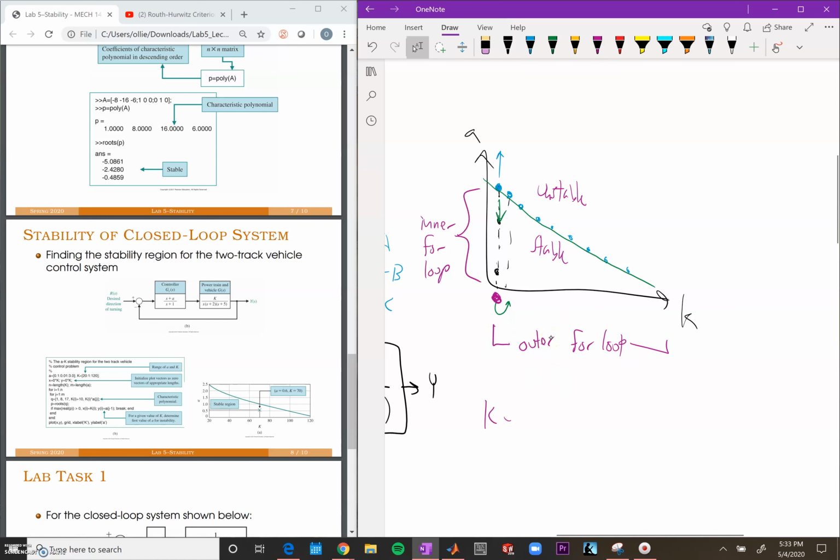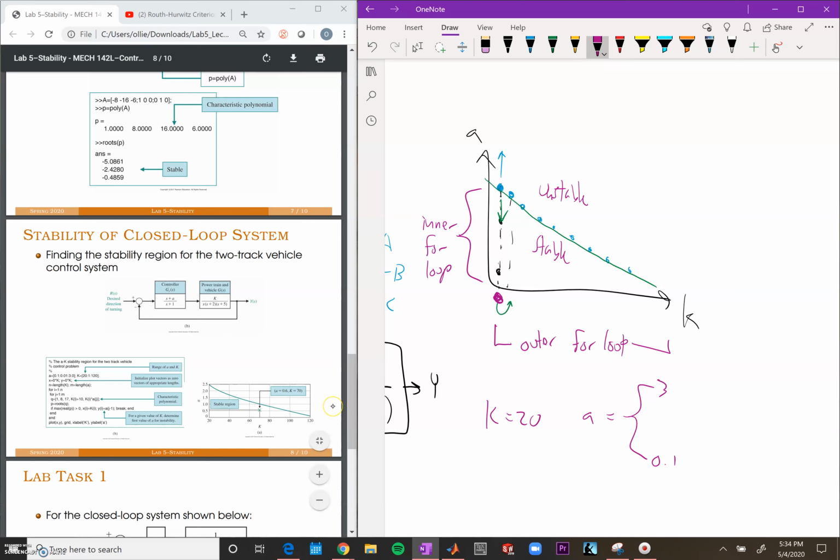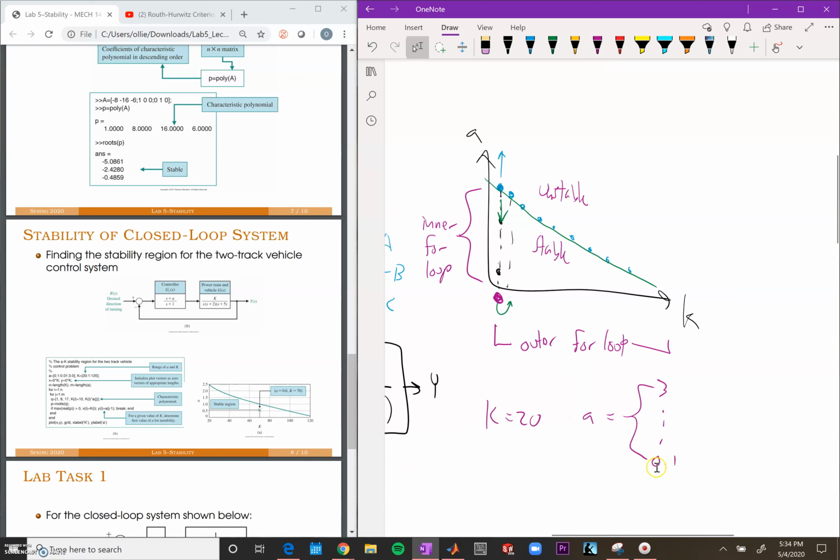So for our first value of K, sorry, I think our first K is 20. And then we iterate A from 0.1 to 3. And then we move on to 21, and then we iterate A from 0.1 to 3, then we move on to K equals 22, we iterate A from 0.1 to 3, right?